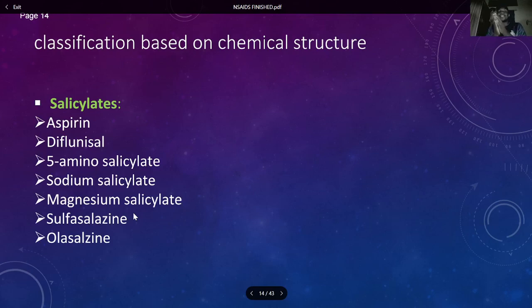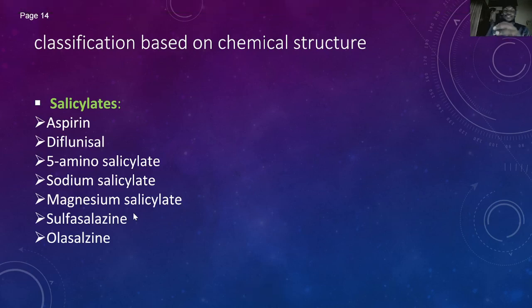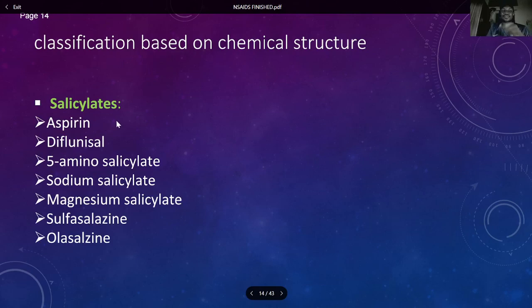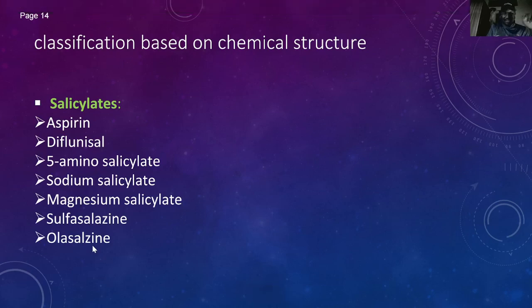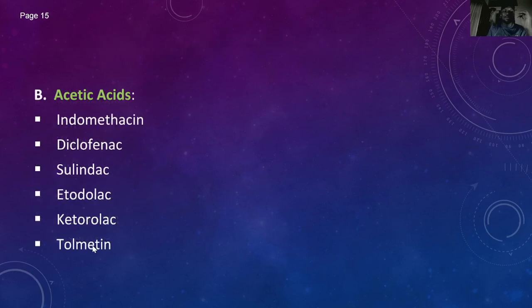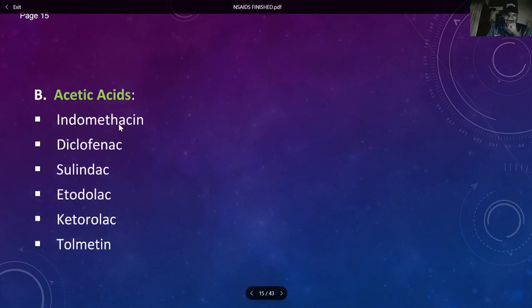Based on chemical structure, we have salicylates, which include aspirin, diflunisal, 5-aminosalicylate, sodium salicylate, magnesium salicylate, sulfasalazine, and olsalazine.